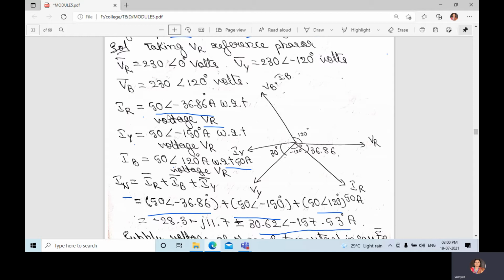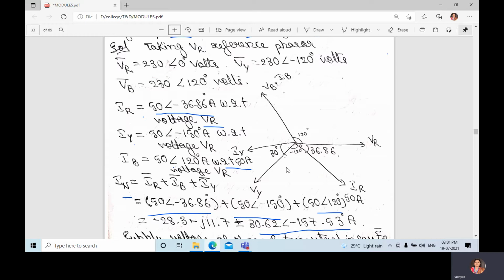So IR is equal to 50 at angle minus 36.86. How do we get minus 36.86? Because they have given the power factor 0.8, that means the phi angle is 36.86. So for R phase we get 50 at angle minus 36.86. What about IY?